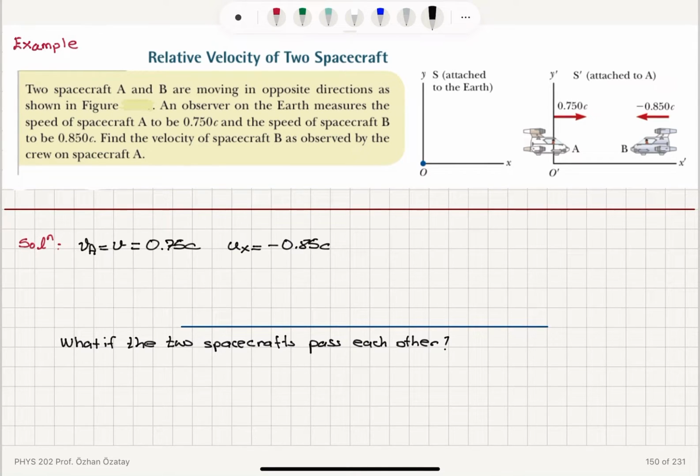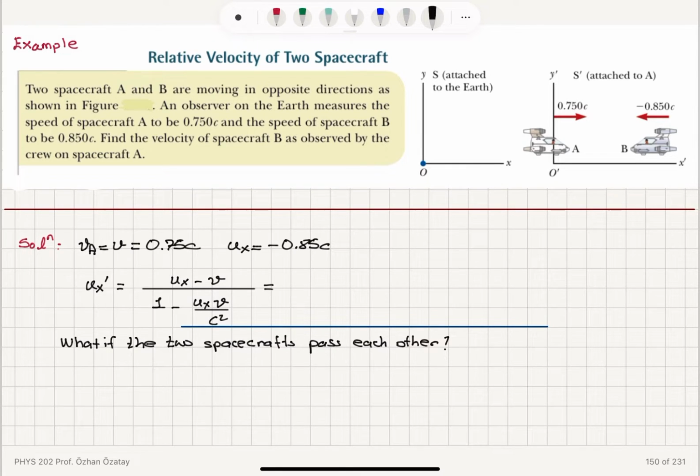So what would be the x component reported by the S prime frame, which is now spacecraft A? Using the Lorentz velocity transformation, I have ux minus v divided by 1 minus ux v over c squared.